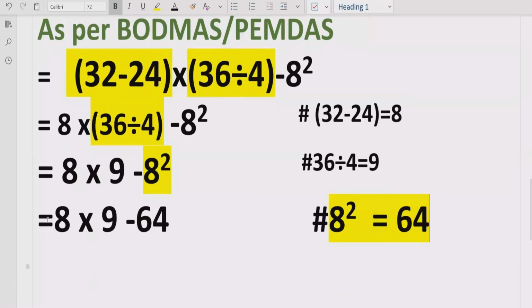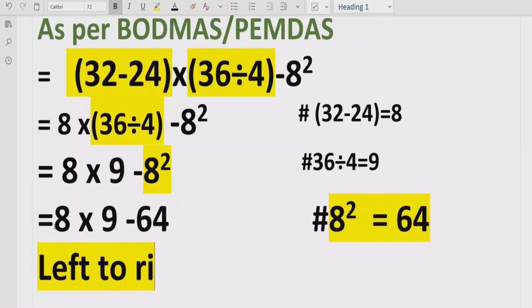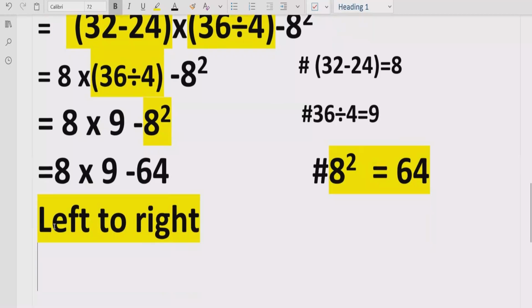Now we move forward left to right in our expression, because we do not have any bracket or parenthesis. We see which comes first. Here we have the multiplication, so we solve this part.